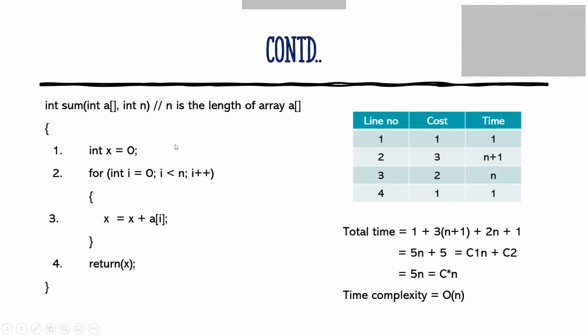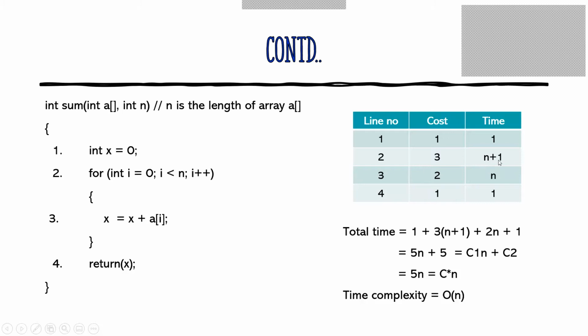It's a for loop. Within the for loop, 3 operations are happening. One is initialization, one is comparing, and the other one is incrementation. So for all these 3 operations, the cost will be 3.